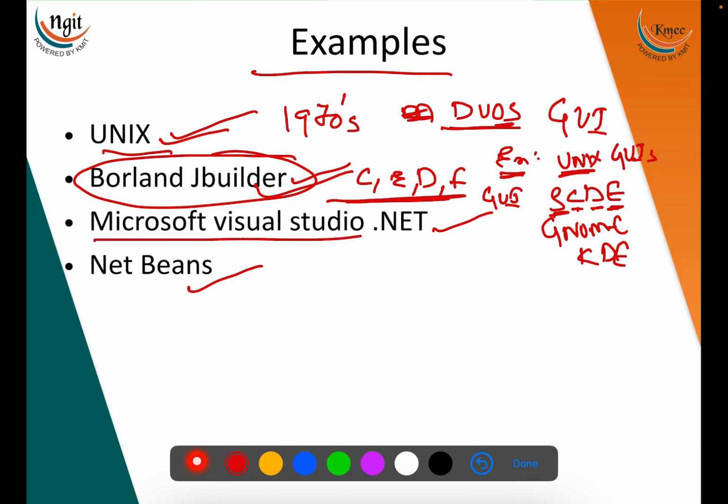The third is Microsoft Visual Studio .NET. It is a relatively recent step in the evolution of software development environments. It is a large and elaborate collection of software development tools, all used through a common interface.